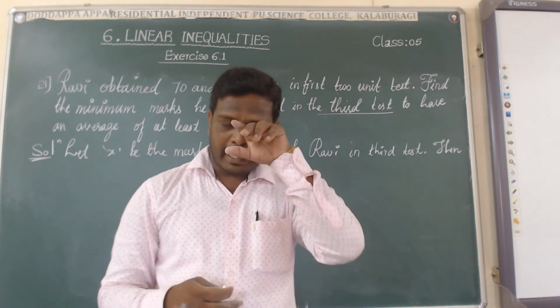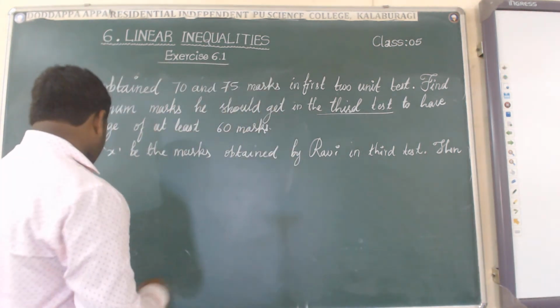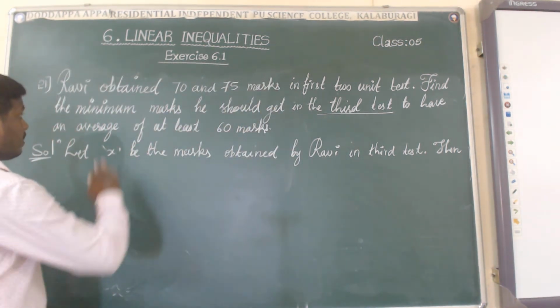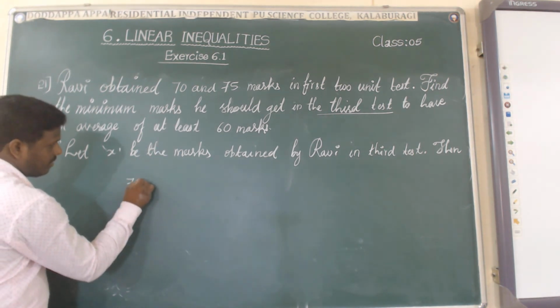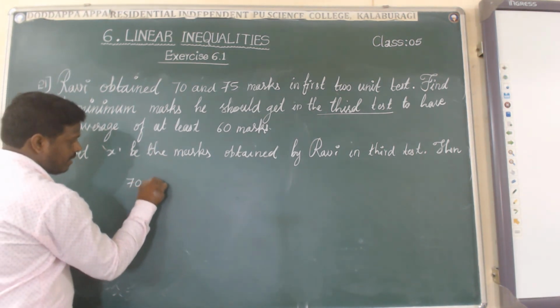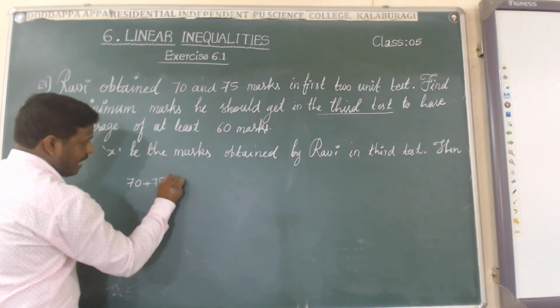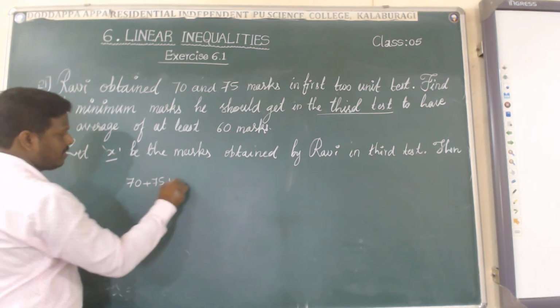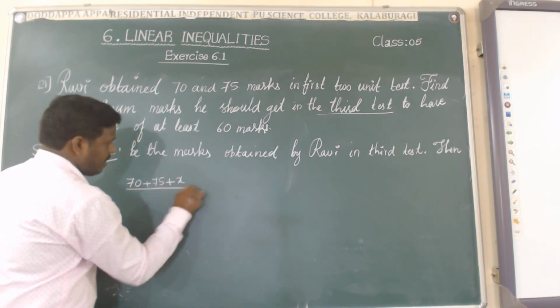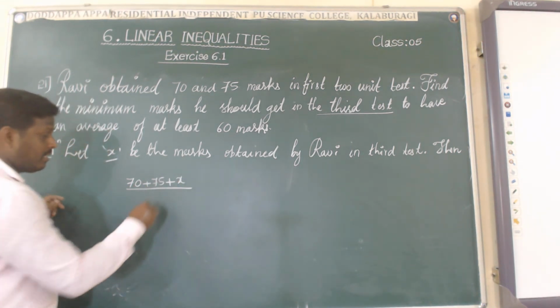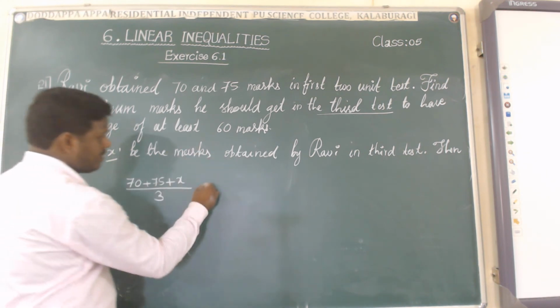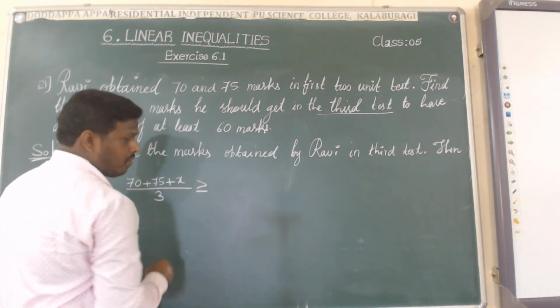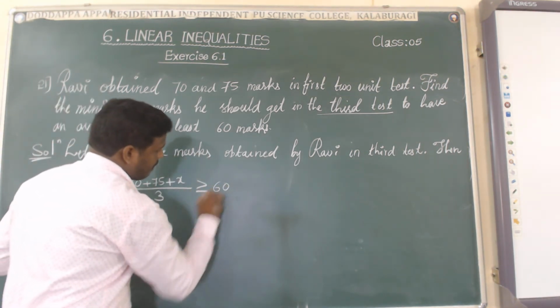According to the given question, in two tests, 70 plus 75 plus, and in the third test, in general form, I took x, and the number of tests is 3. At least means you have to take this is greater than or equal to 60 as the average.